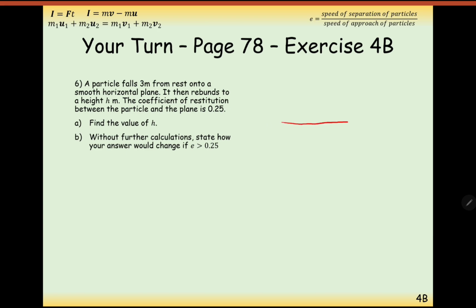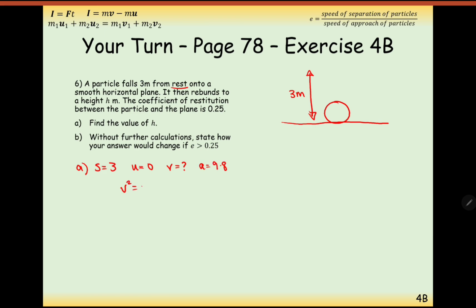Okay, let's draw a diagram. So that's 3 meters, it's going to move downwards. So when we use Suvat, S is going to be 3, U is going to be 0 because it falls from rest. V is what we want to find out, A is 9.8 and T is not used in this question.